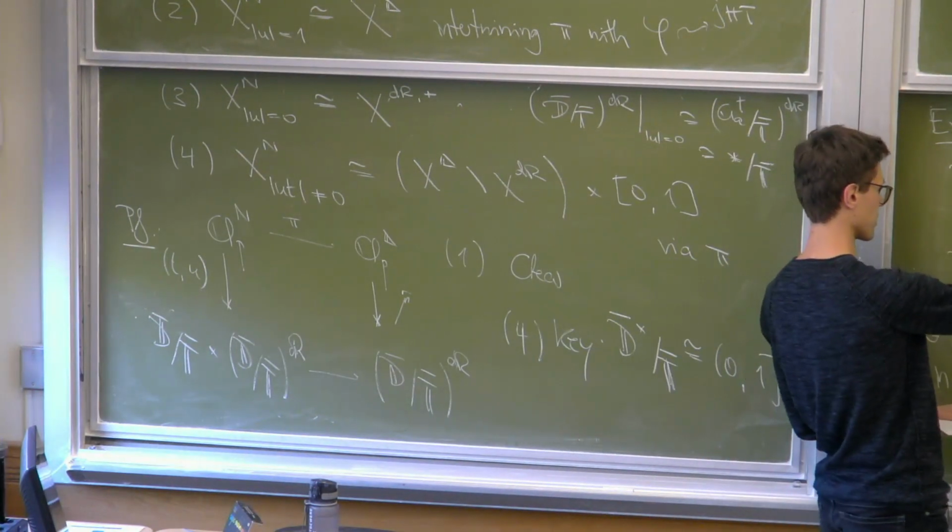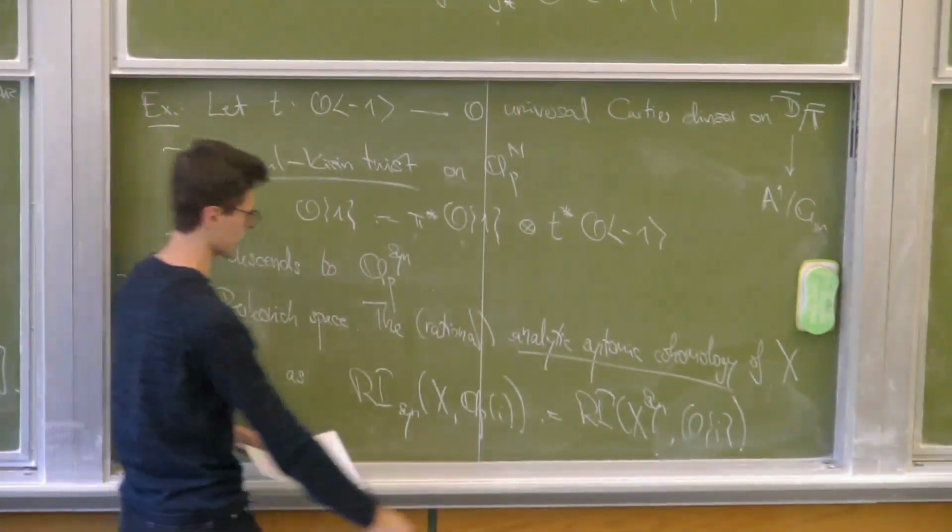So I pull back the Breuil-Kisin twist from Q_p syn to X syn, and then I take the i-th power.